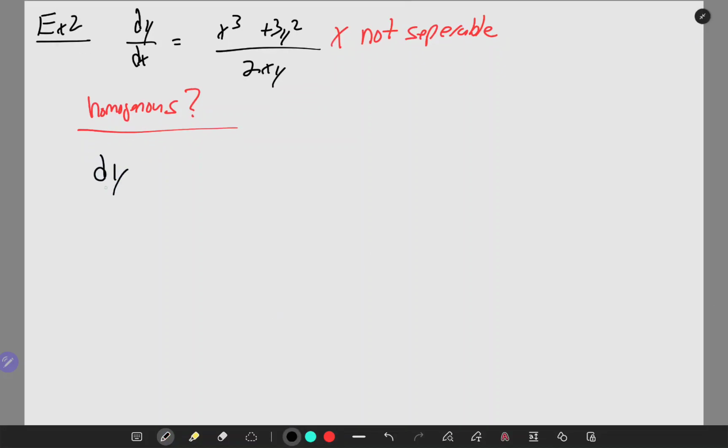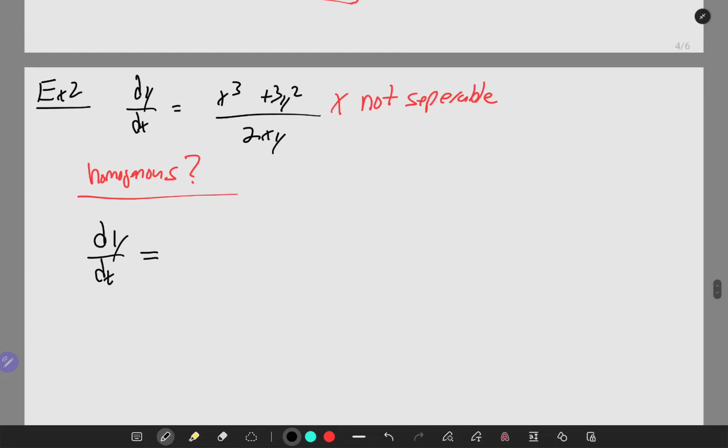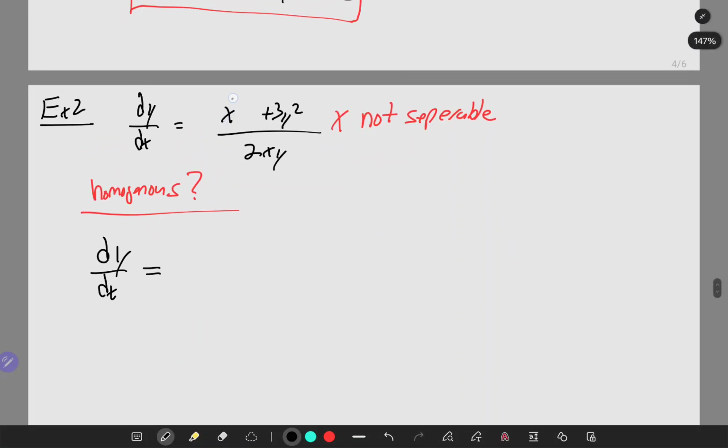We have dy/dx. What can we do to make the numerator be y over x? Well, this is a trickier one. Oh, I have copied it down wrong. This should be x squared plus 3y squared. I was going to say, I don't think that was homogeneous if it would be x cubed. I don't think you could have done that.